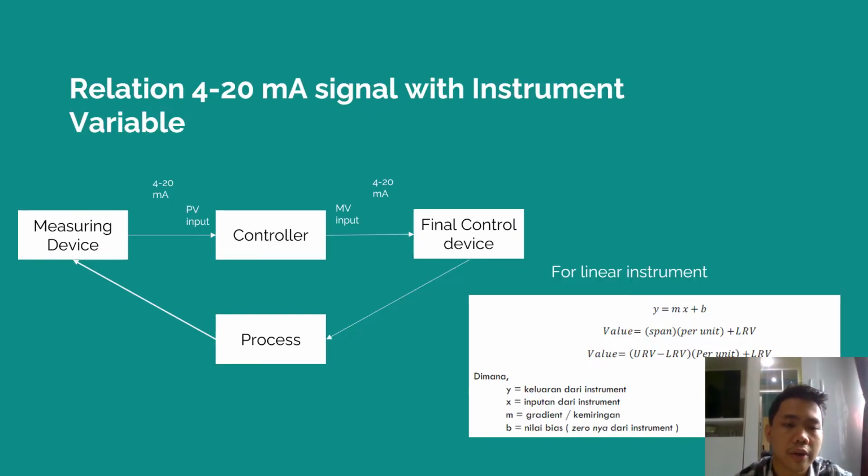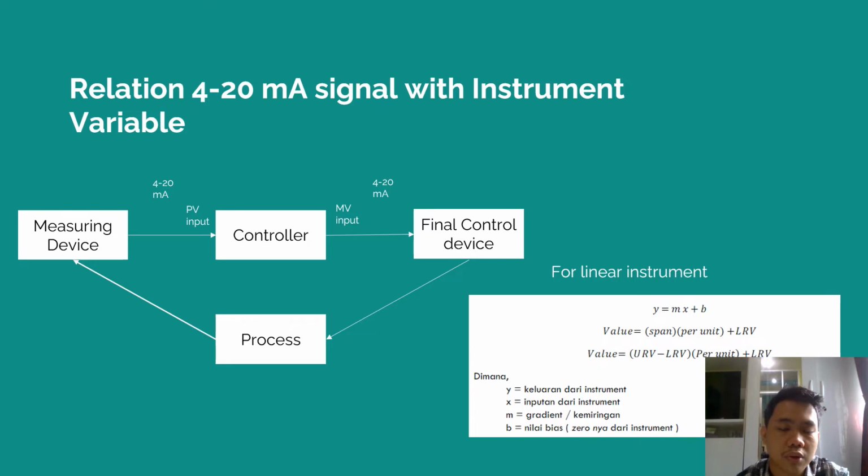And then we're going to the relation of the 4 to 20 mA signal with instrument variables. In most of the world's instrumentation industry, a minimum of two 4 to 20 mA current loop signals are used.